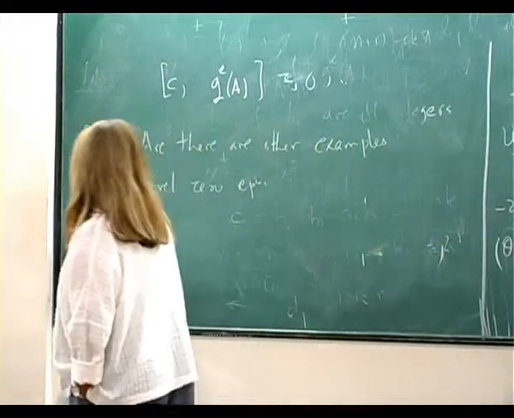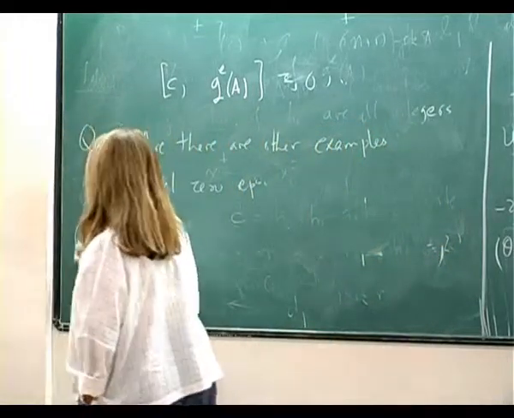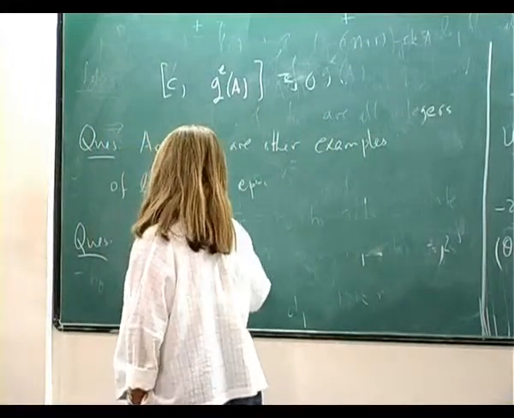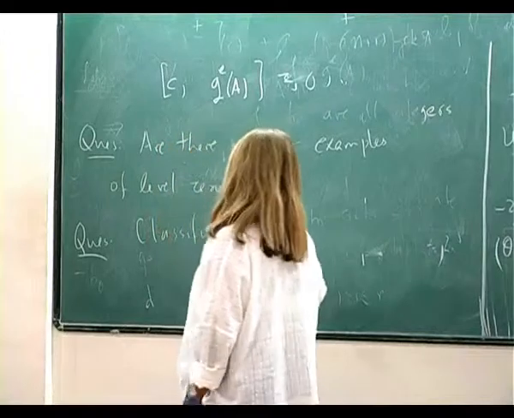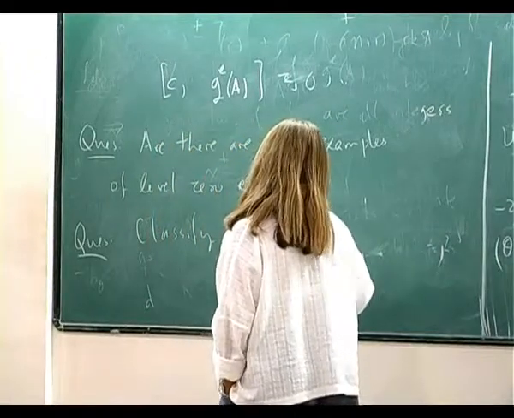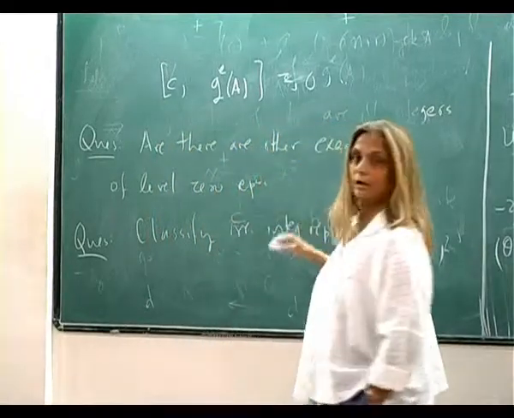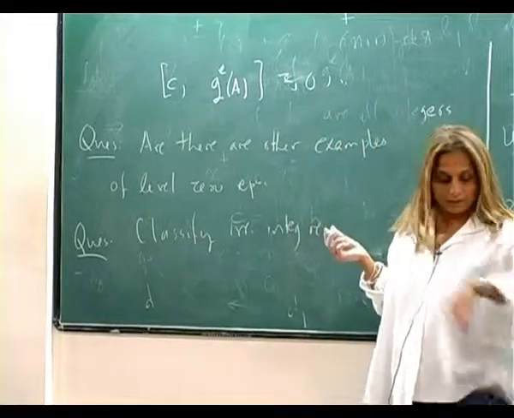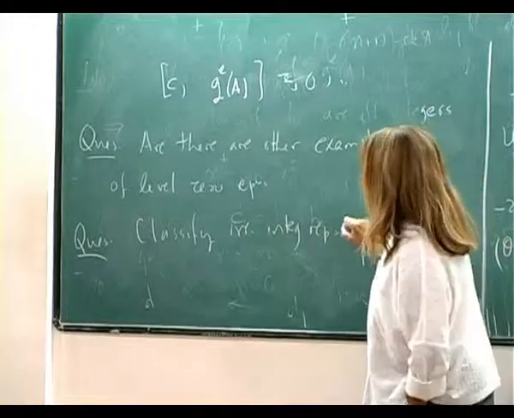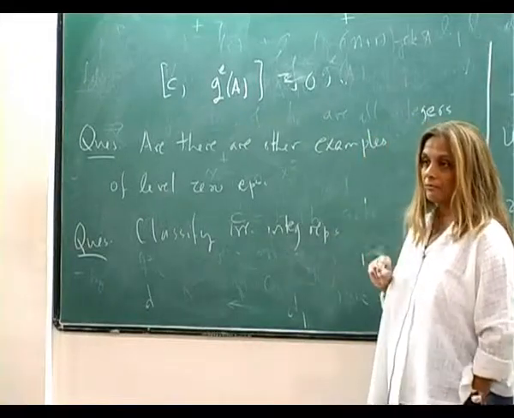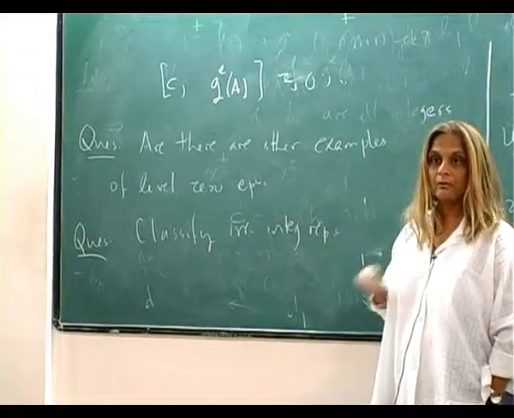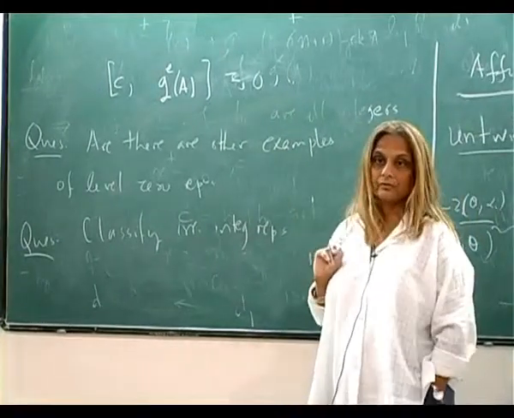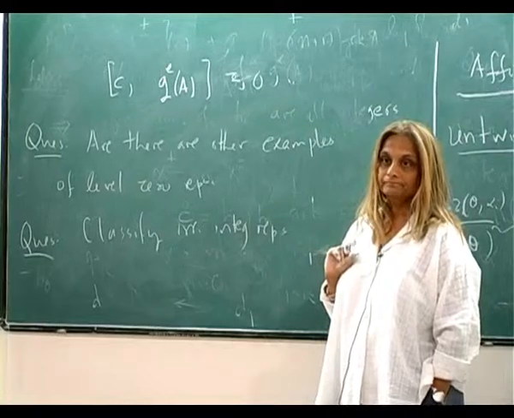A more general question is: classify irreducible integrable representations of arbitrary level. It doesn't have to be of level 0. So I think this is where I will stop today and continue from this point tomorrow to talk about how one might approach classifying these representations. Okay, thank you.